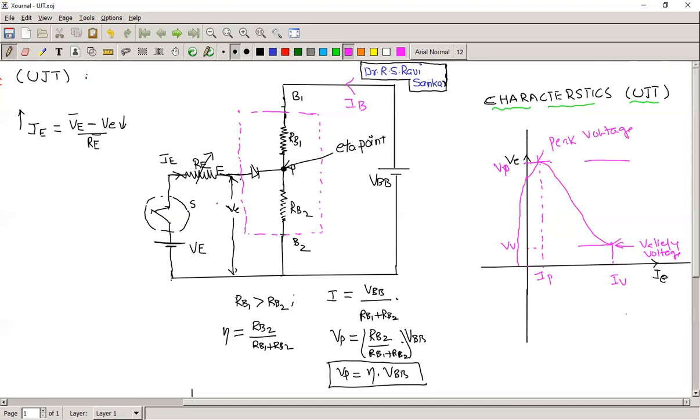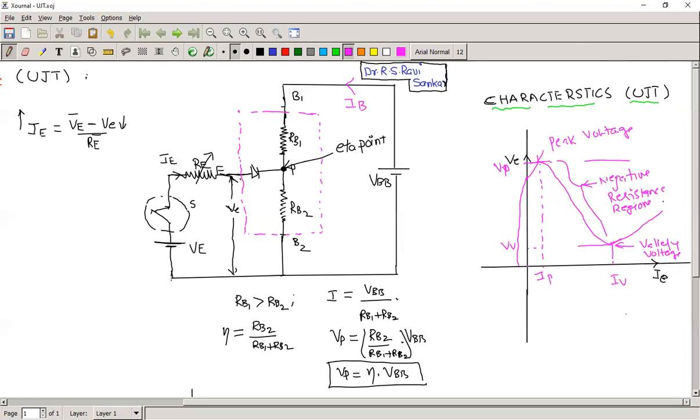Further increasing the emitter current by changing the resistance gives a small increase in the current, but the change in emitter voltage is very, very small. These are the characteristics of a UJT. If you observe this region, this is the negative resistance region.